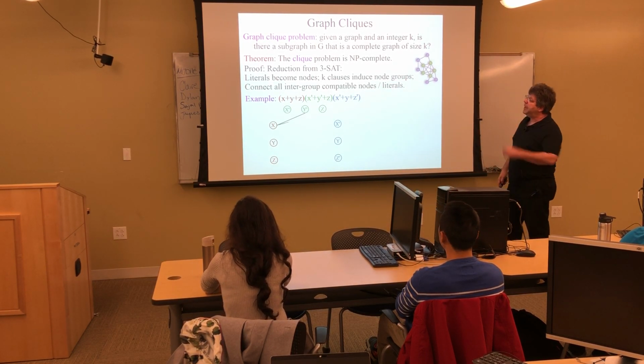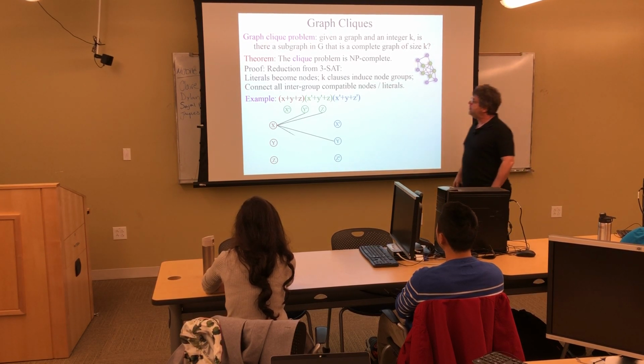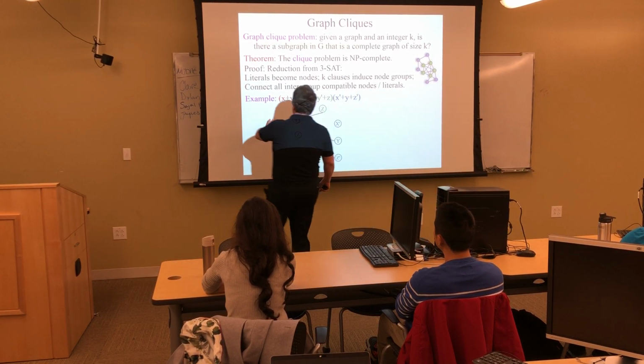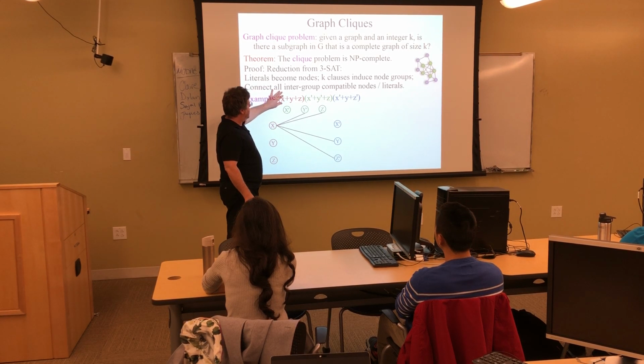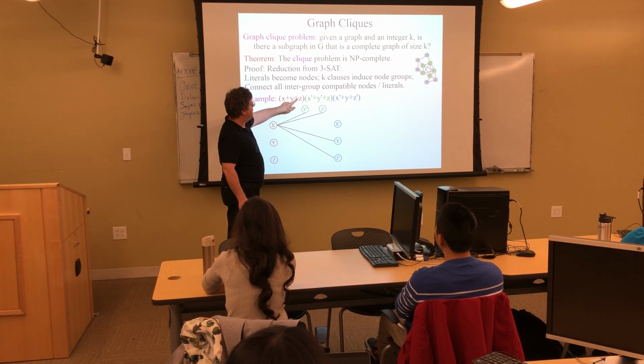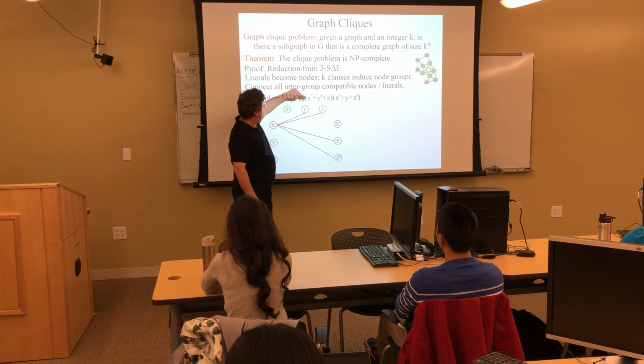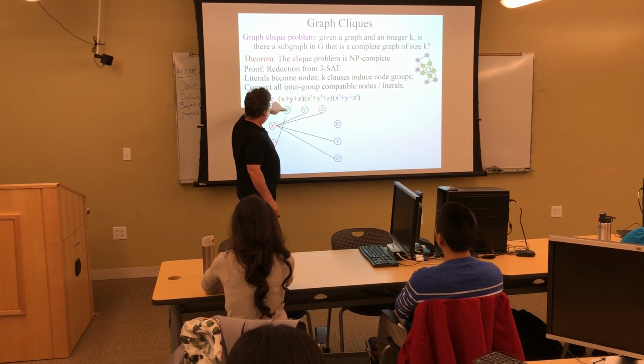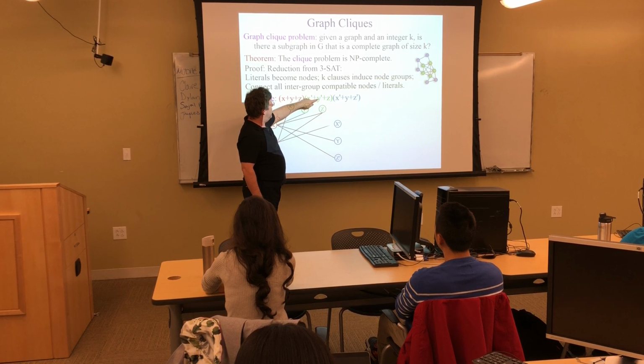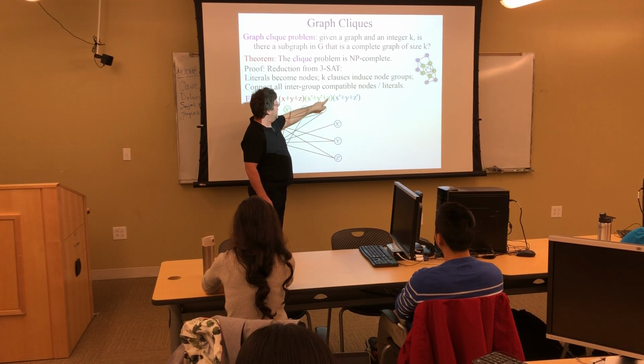And now we connect the ones that are compatible. So if x is true here, that's compatible with y being false and z being false, and this clause is still okay. It's satisfied. If x naught is true here, that's compatible with y naught being true, which means y is false, and z is true.